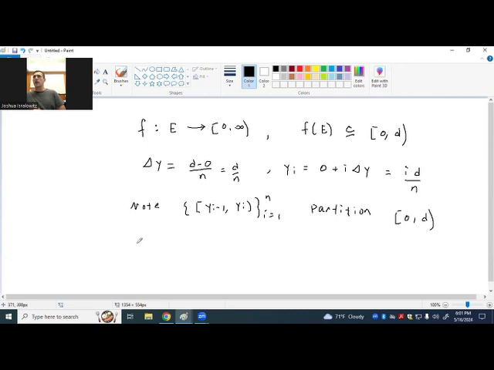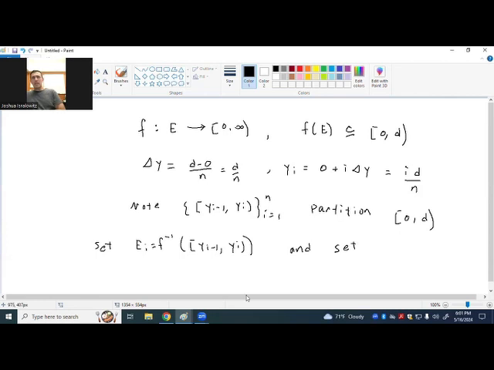So let's say E_i, and I'll throw up a picture in a second. I'm going to set E_i to be the inverse image of this interval here, y_{i-1} to y_i.